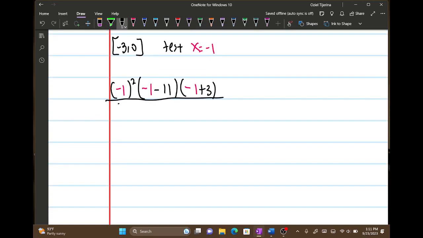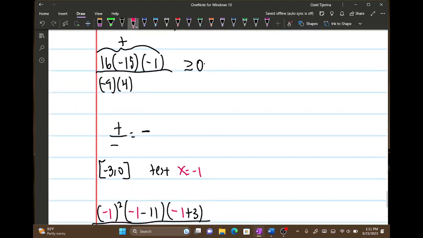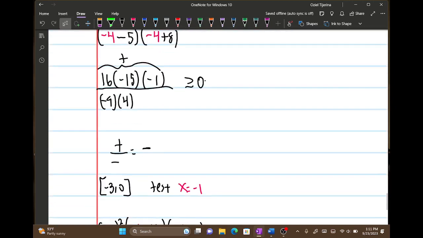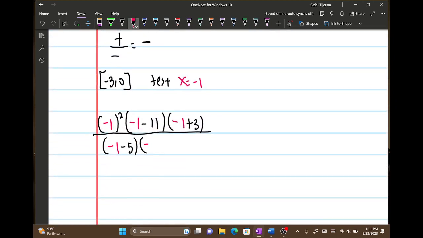So -1 minus 5. Give me 1 second, guys. Times -1 plus 8. So it looks like this, right? And we're just plugging in x equals -1 and seeing if this is greater than or equal to 0.